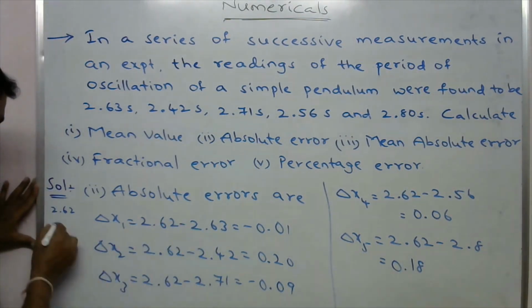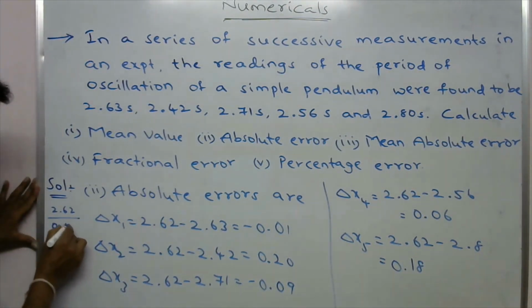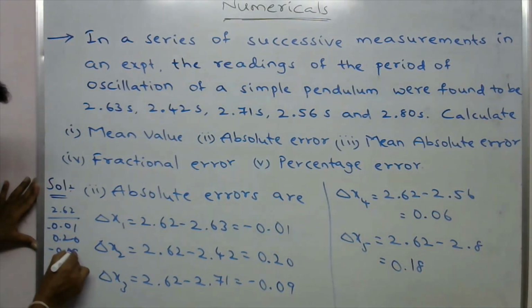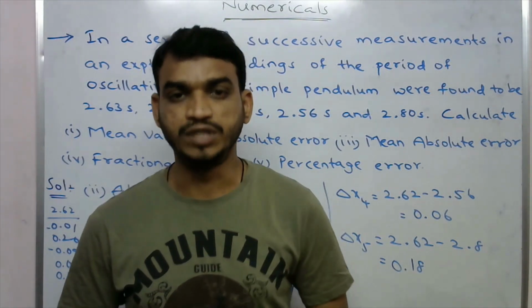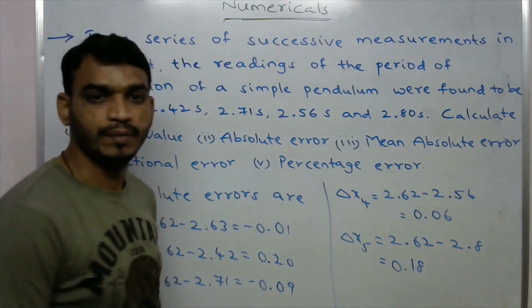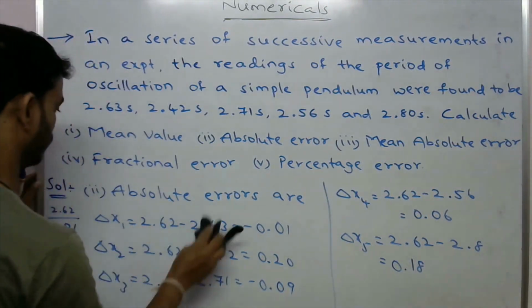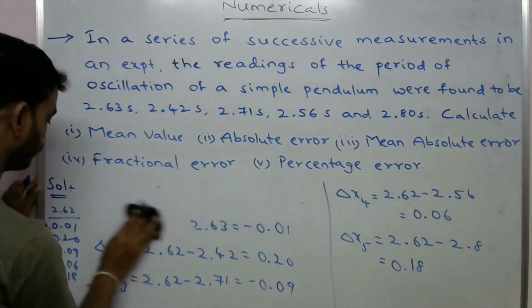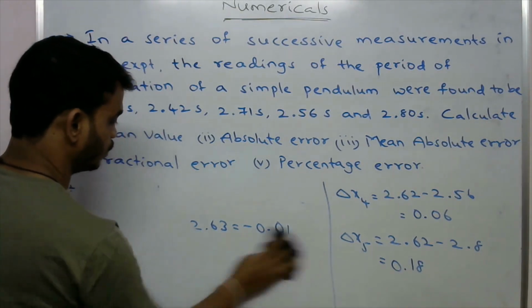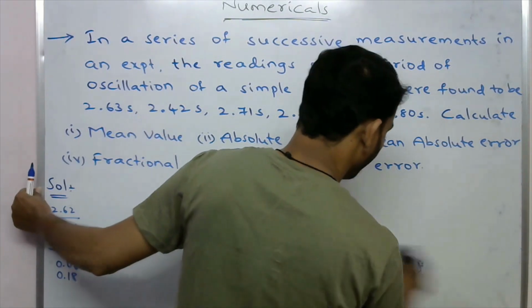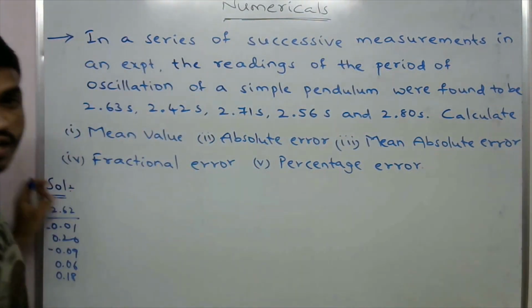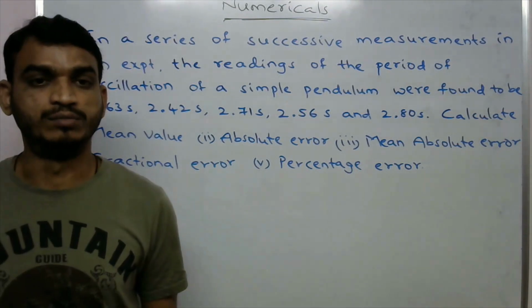So here I am mentioning this one: 0.01, minus 0.20, minus 0.09, 0.06, 0.18. Okay, so the next one is the mean absolute error. The mean absolute error means the sum of all these absolute error values divided by the number of absolute errors.